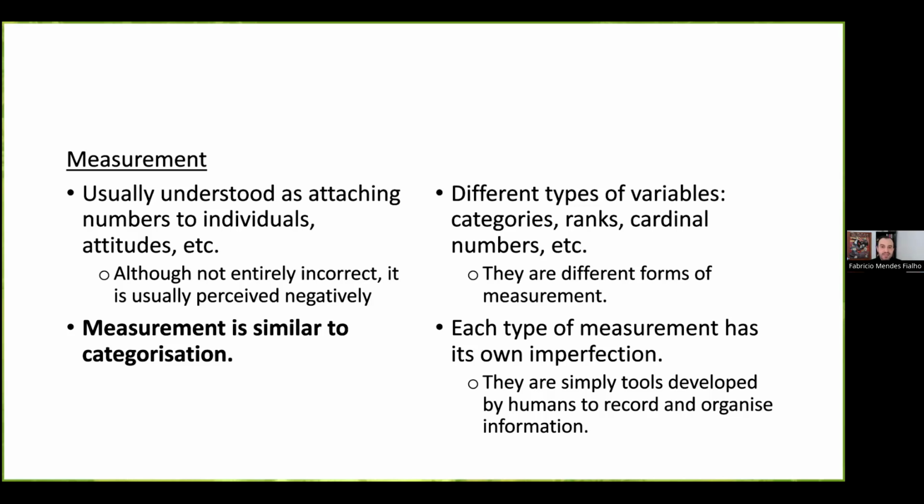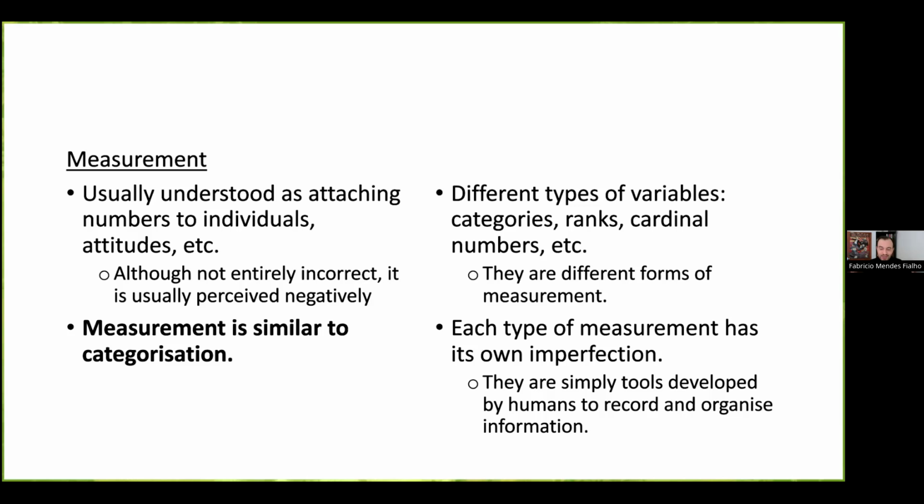If you are asked, for instance, to assign a number from 1 to 10 to a certain product, or to express your preference for a policy, this is a form of measurement. Because this last one uses cardinal numbers, we tend to think of it as closer to what we understand as measurement, the most recurrent idea of measurement.